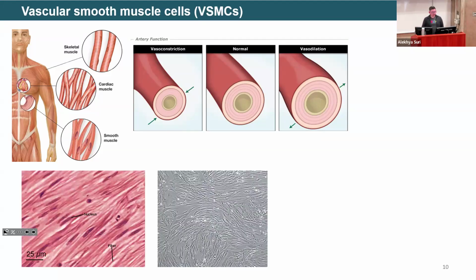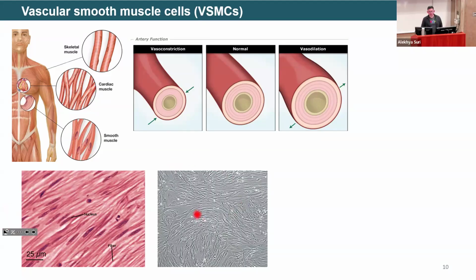Under the microscope, the smooth muscle looks a little bit like this. So you don't see any striations. The cells are uninucleated, and they're very packed together, and they have what we call a spindle-like shape, right? So they have this shape of like a spindle.